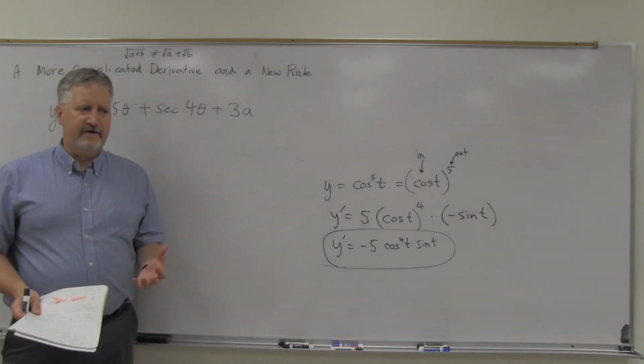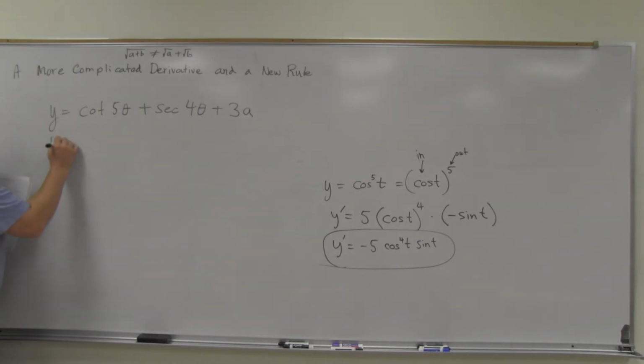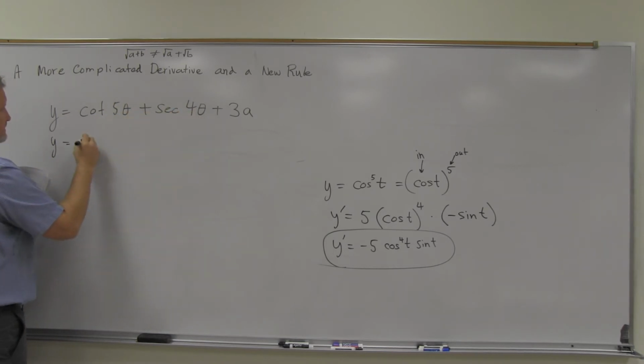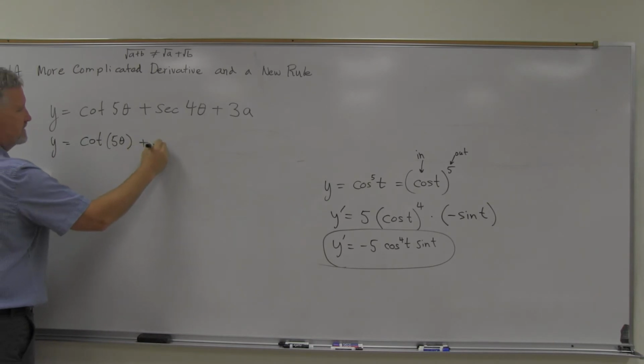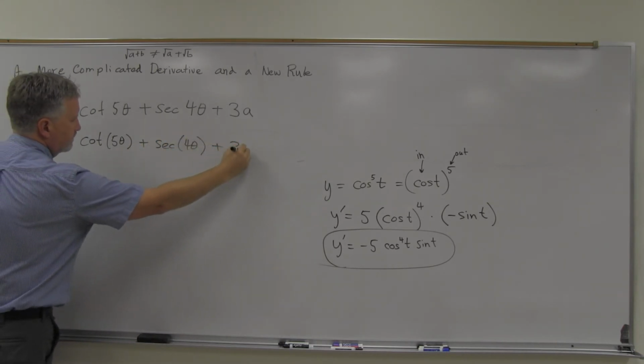I don't know if it's necessary here, but let's go ahead and write those with parentheses. The parentheses would be around the 5 theta and the 4 theta. So it would be cotangent, parentheses 5 theta plus secant, parentheses 4 theta plus 3a.